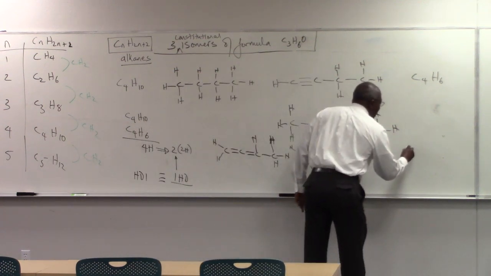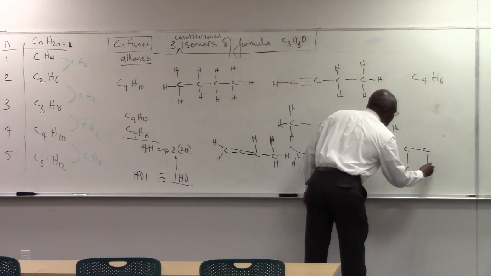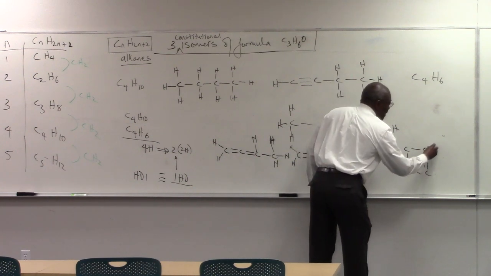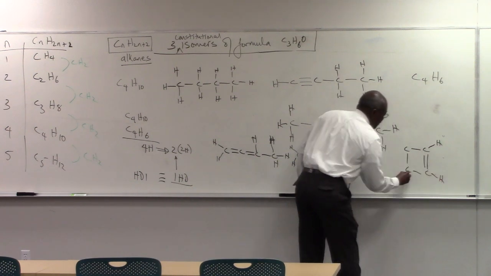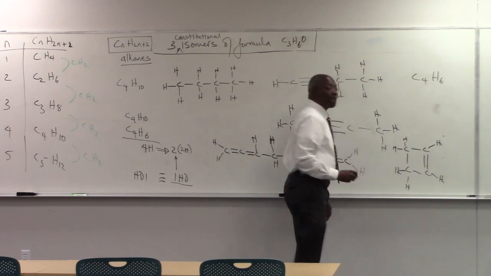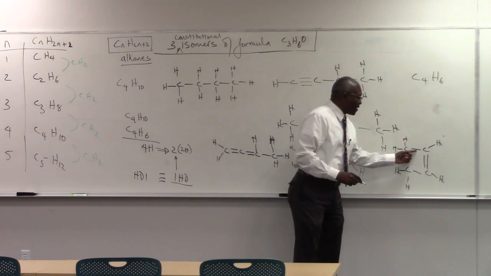It could be a ring, right, with a double bond in it. That gives me 1, 2, 3, 4, 5, 6. Okay? And it doesn't matter where I put the double bond, whether it's here, here, here, or here, it's the same thing.